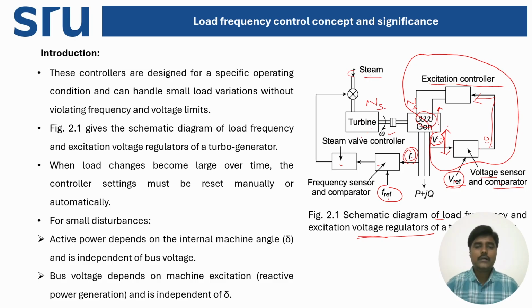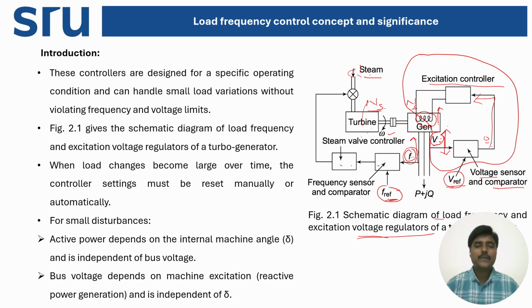If the speed of the turbine is more, then the actual frequency also will be higher than the reference frequency. Then the steam valve controller has to reduce the steam input till the turbine speed becomes equal to synchronous speed, and then accordingly the frequency also will become equal to the reference frequency.